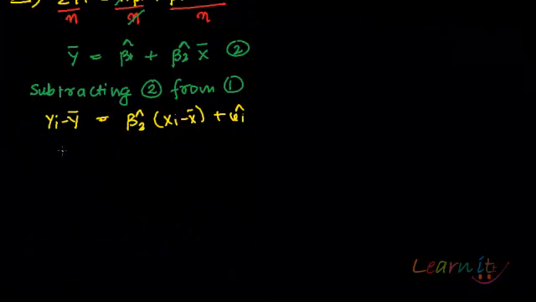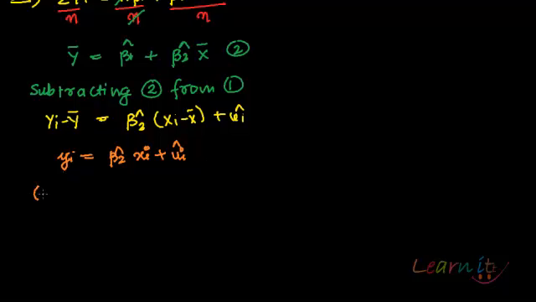So yi minus y bar is nothing but yi is equal to beta 2 hat xi plus ui hat. Clear? So this is your model in the deviation form.